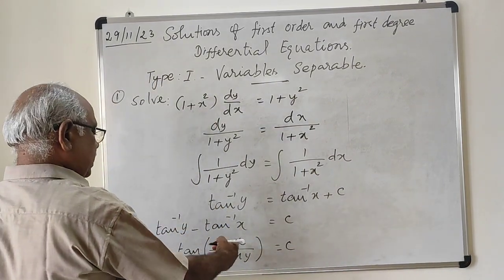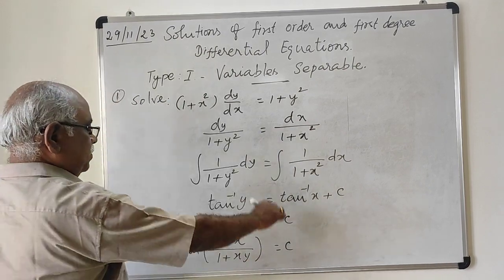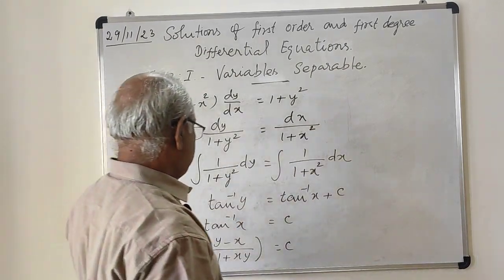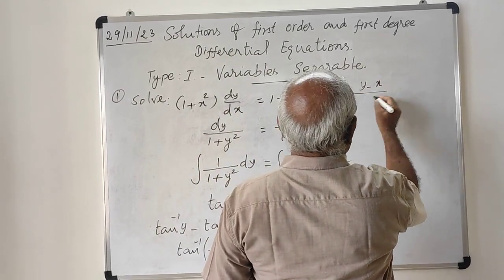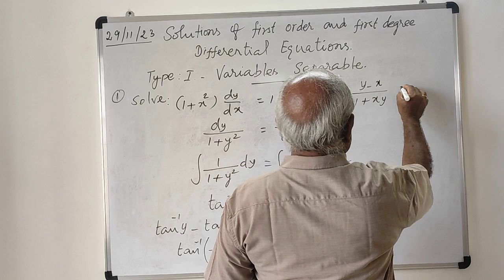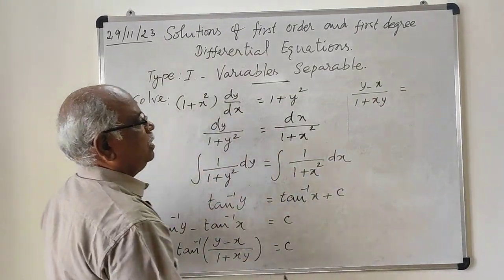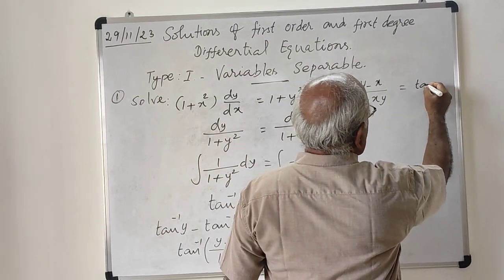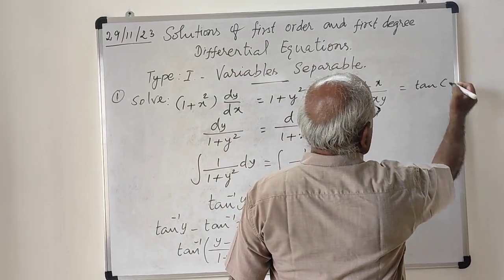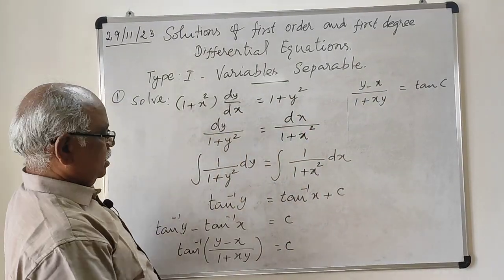This tan inverse becomes the tan function. Operating both sides by tan, tan of tan inverse is the argument, so (y minus x) by (1 plus xy) equal to tan c.